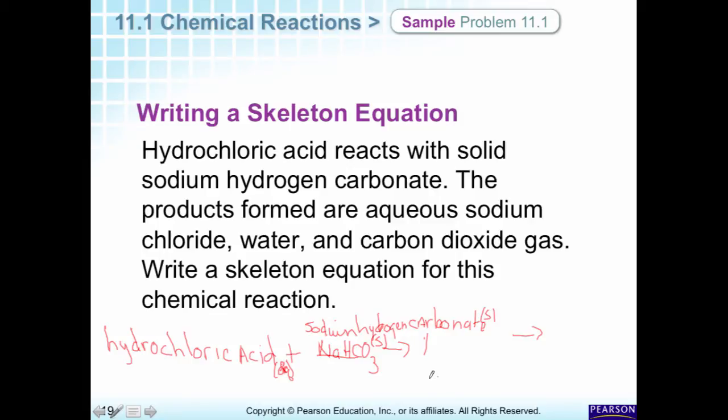And then I get sodium chloride, and that is in solution, plus water, plus carbon dioxide. I'm running out of space, and you can see why this is not practical. That's a gas. And you see why I started writing the skeleton equation right away.